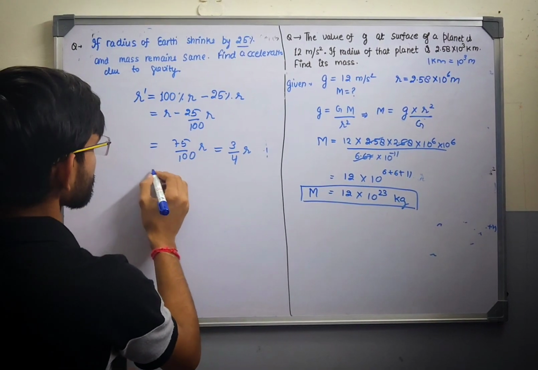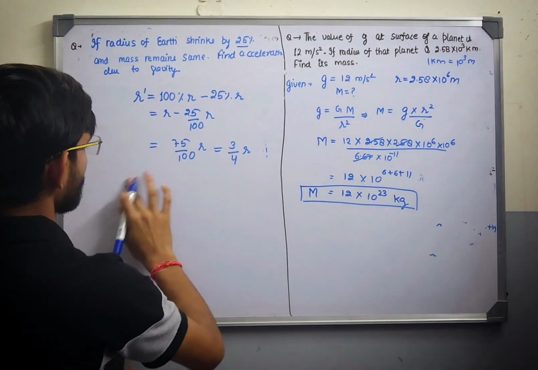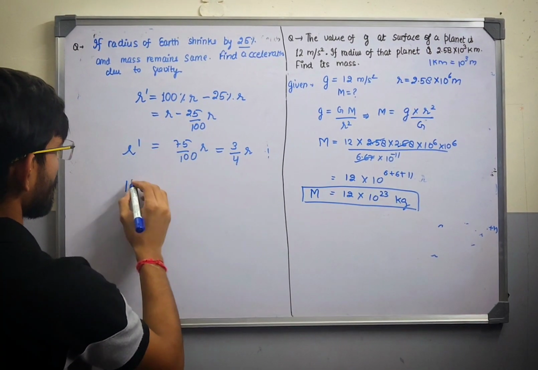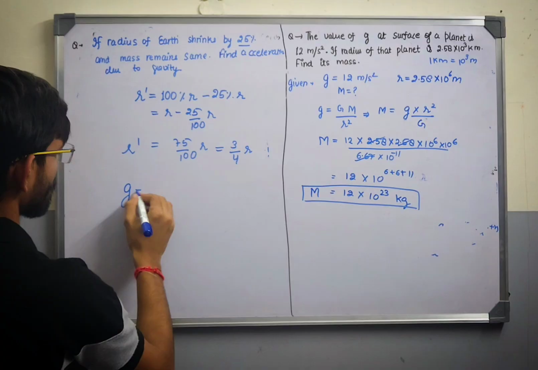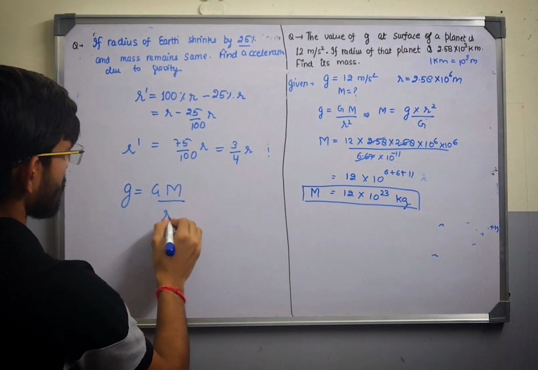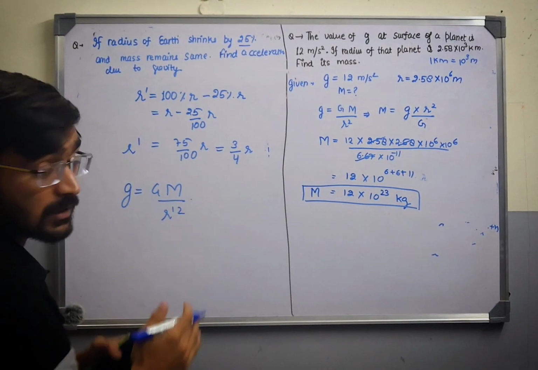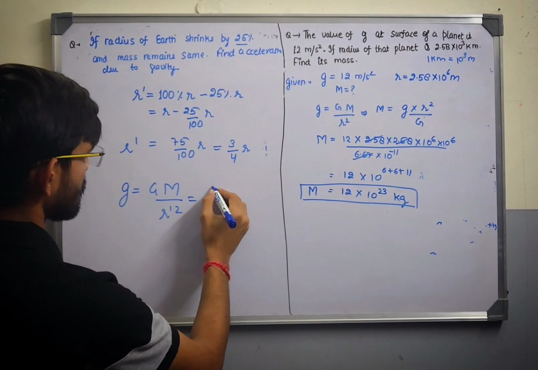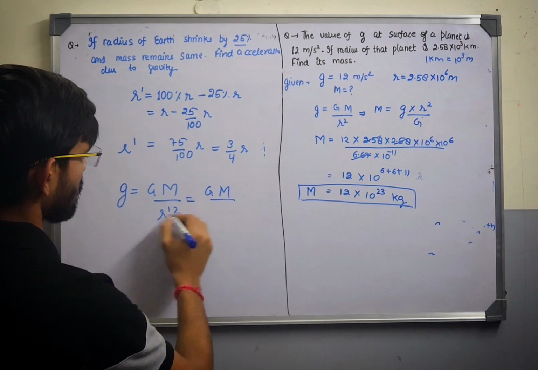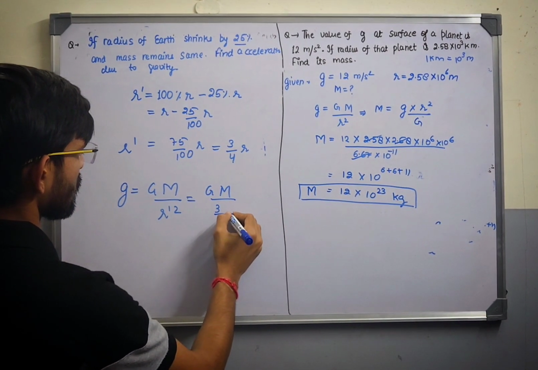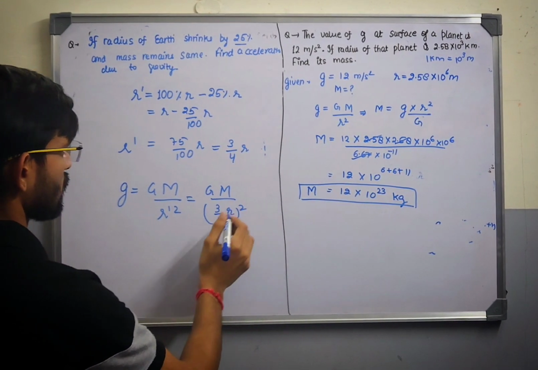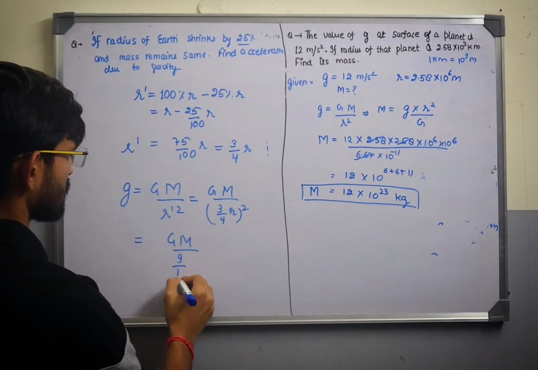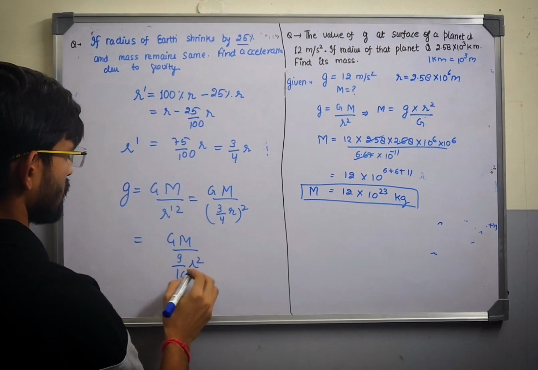and if you put the values, g equals G m upon r dash whole square, because mass is the same as in the previous case, so only radius changes. So G m upon 3 by 4 r whole square, G m upon 9 by 16 r square.